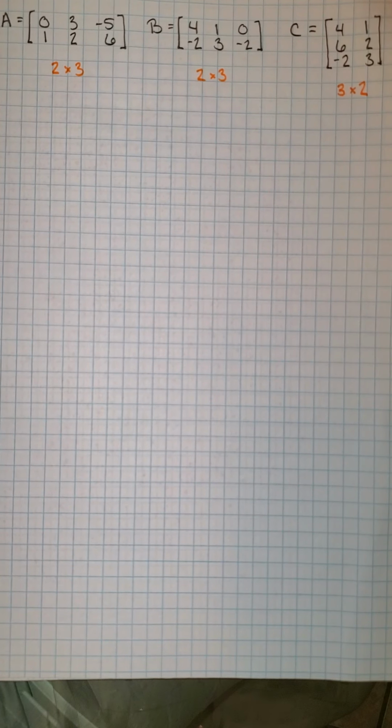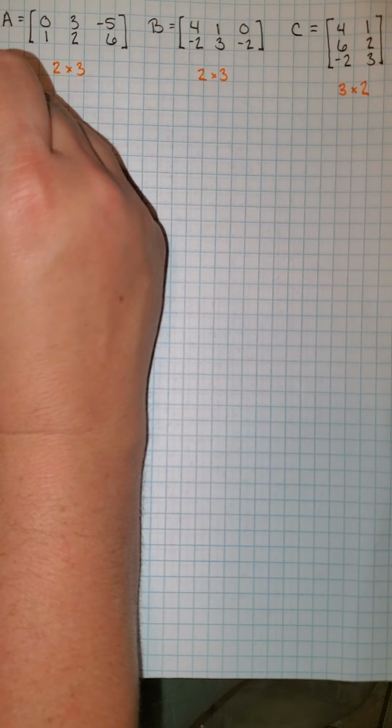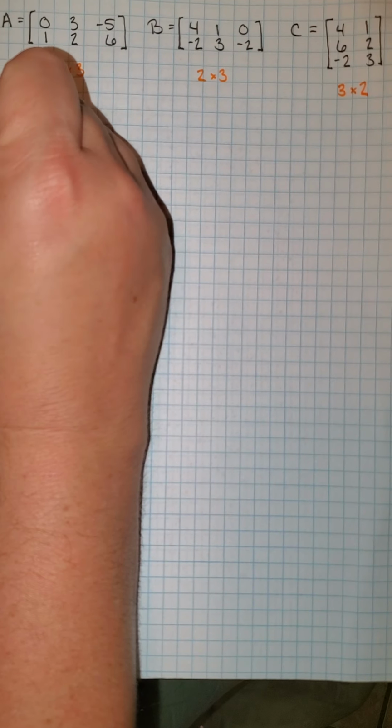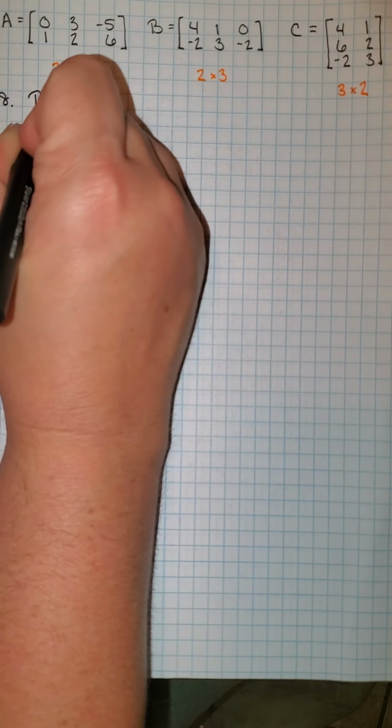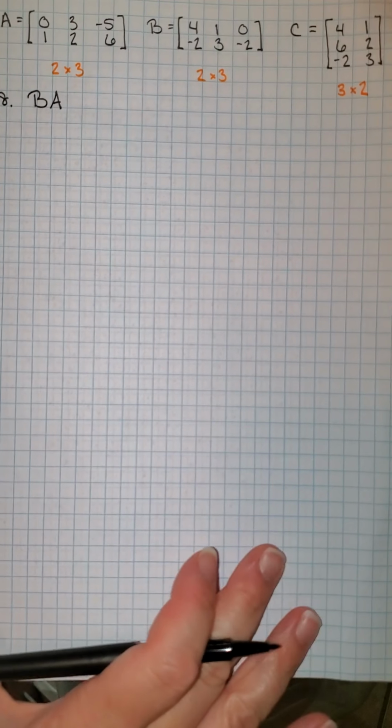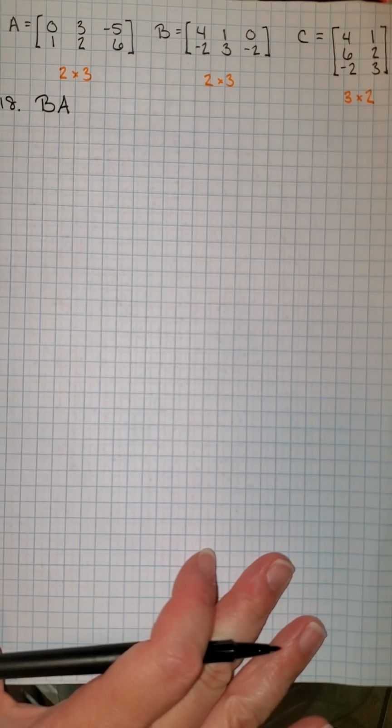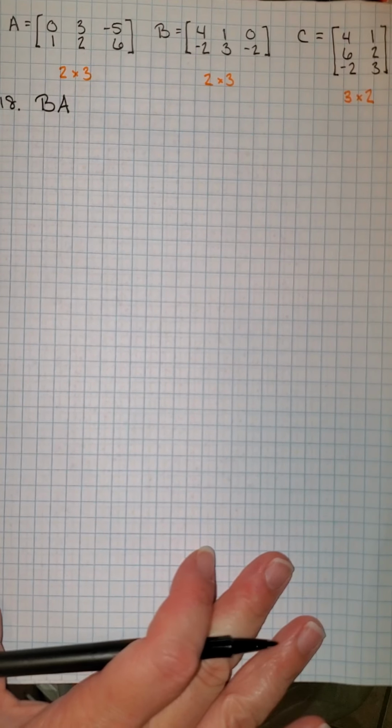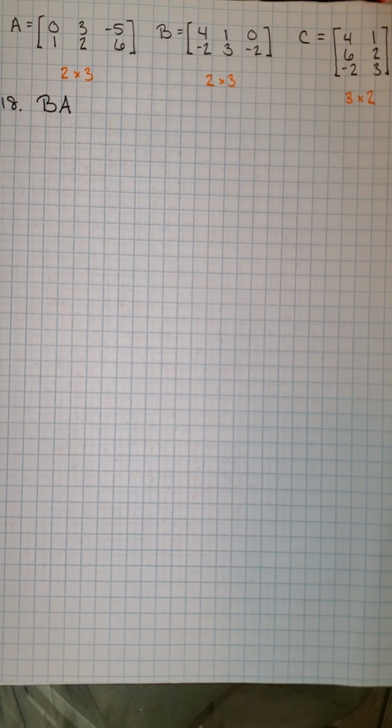All right, so number 18 says to multiply B times A. So the first thing I would do is figure out what the dimensions of your resulting answer would be. Sorry.